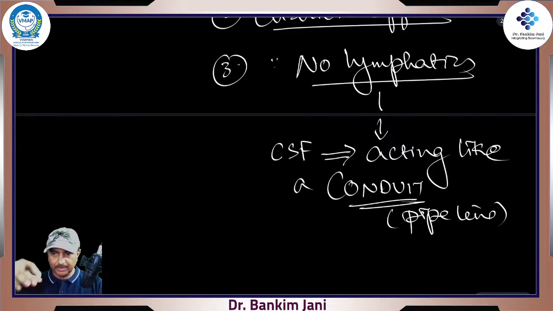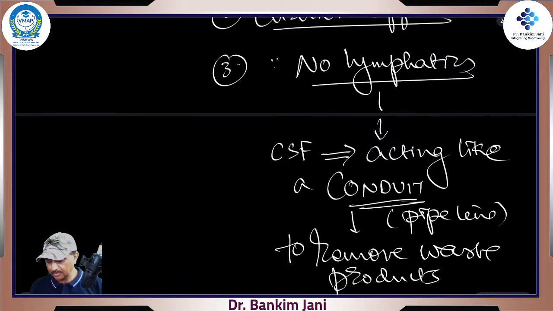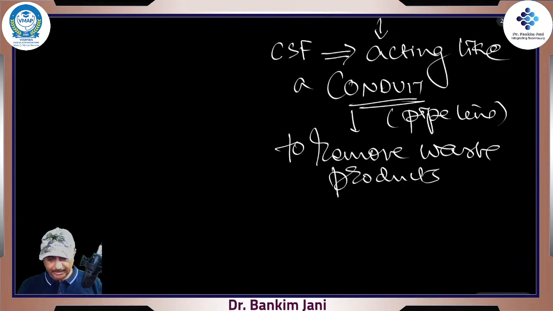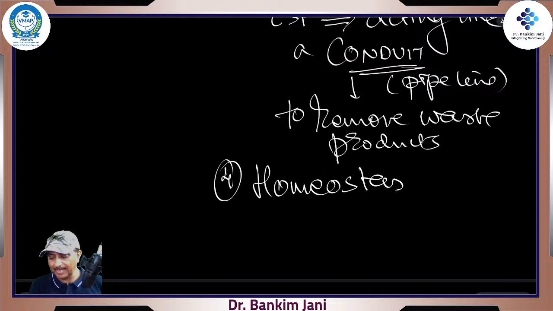So things are drained into it and then it is carried, to remove waste products. And finally, it is landing into the venous system, and that's how it goes. And over and above, as we talked about, it maintains that homeostasis, the balance, the internal environment of the brain, that is preserved.